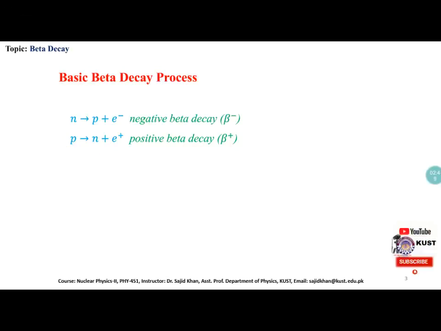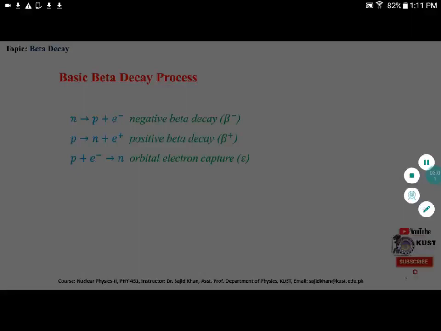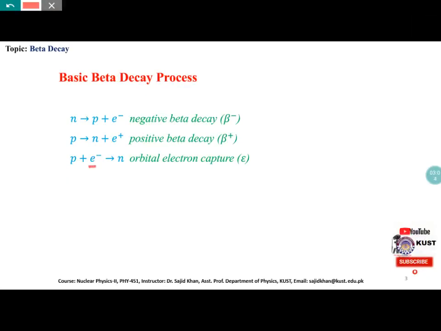Okay, next is the electron capture. This is actually the inverse process of negative beta decay. Here one of the inner shell electrons is captured by the proton, and this combined product stays inside the nucleus in the form of a neutron.